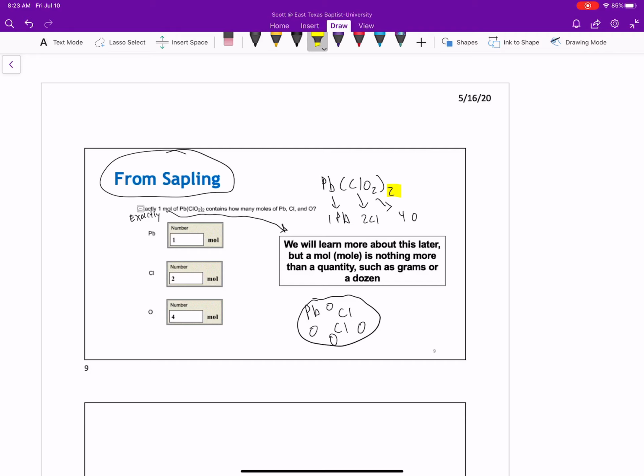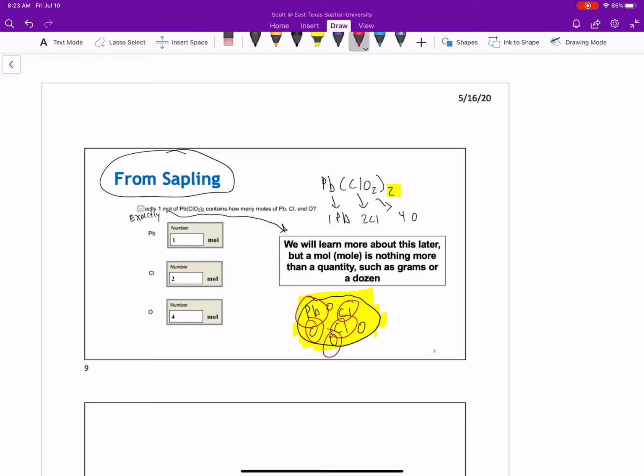Now, let's consider this. Let's say that this entire thing we'll just call 1. And in this case, we'll call it 1 mole, but let's just call it 1 for now. So for every one of these, how many leads do you get? You get 1. For every one of those yellow blobs right now, how many chlorines do you get? 2. For every yellow blob, how many oxygens do you get?